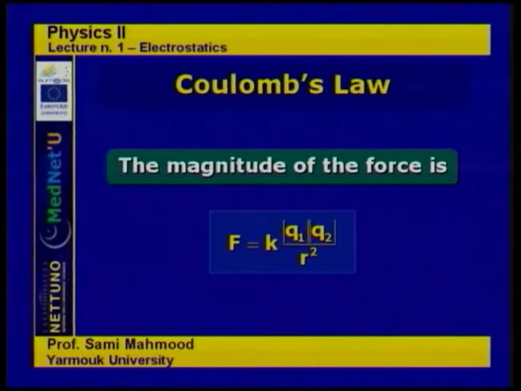Also, it is proportional to the charge Q2. And it is inversely proportional to the square of the distance between them. That means it follows an inverse square law. And the constant of proportionality is K. Thus, this law follows the inverse square law.